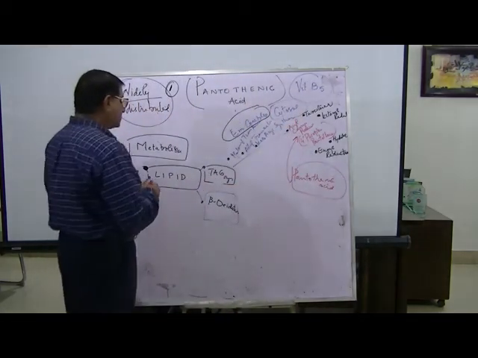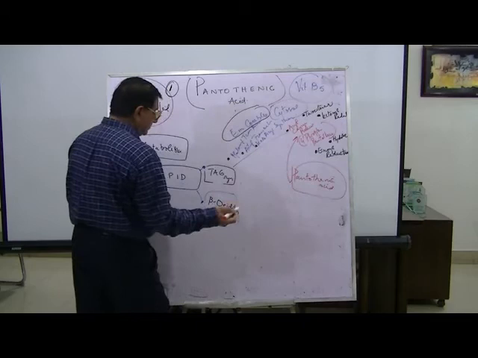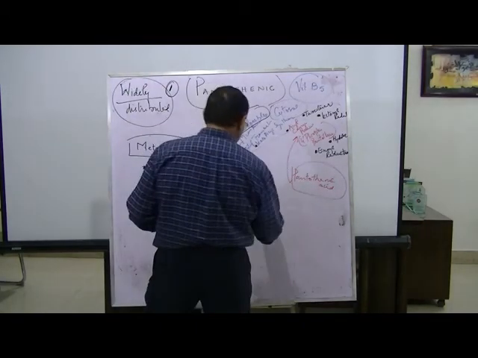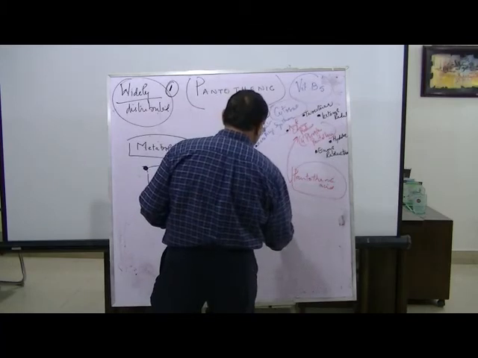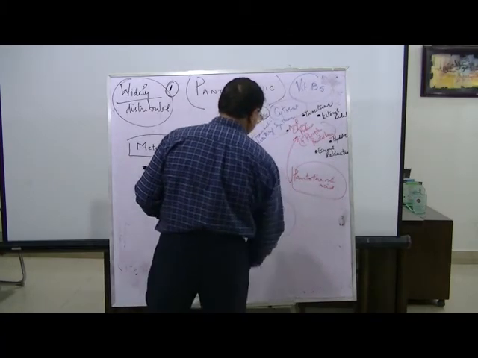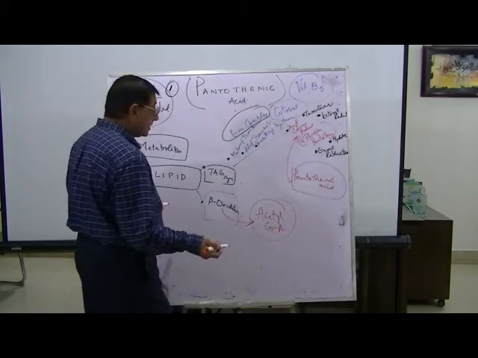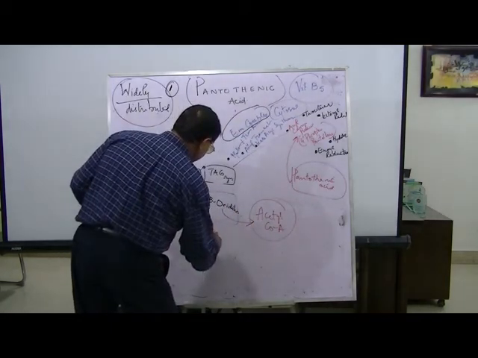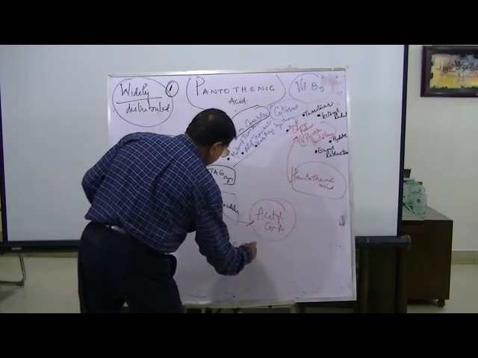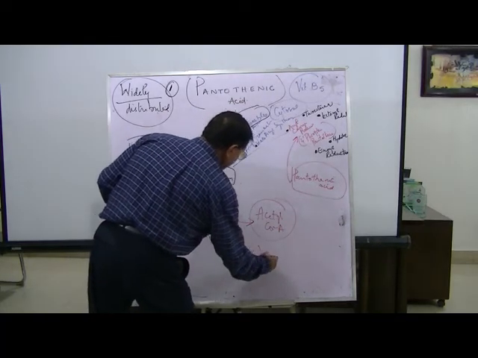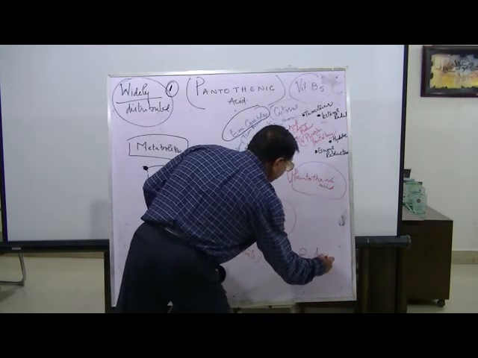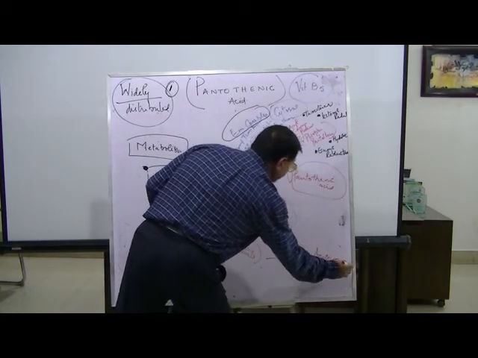And in beta oxidation, we have got the release of acetyl-CoA. If there is C16 palmitic acid, we will get the release of 8 acetyl-CoA.